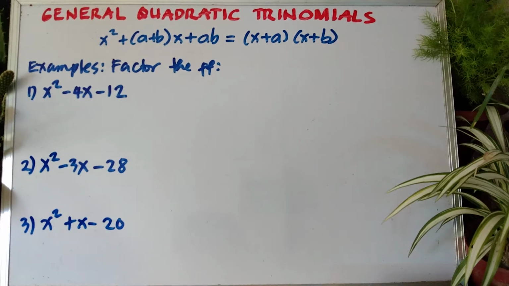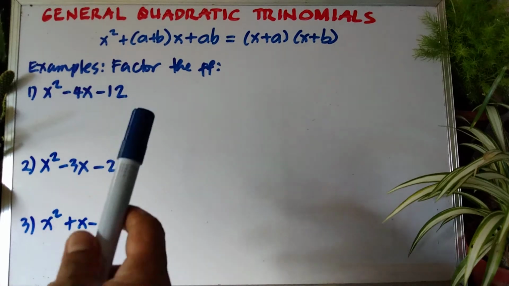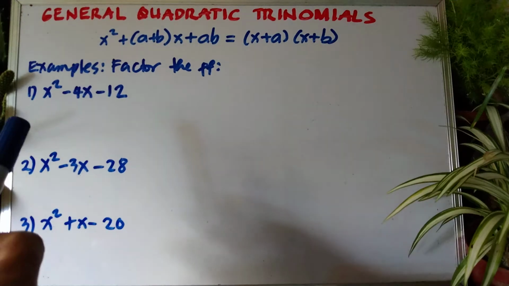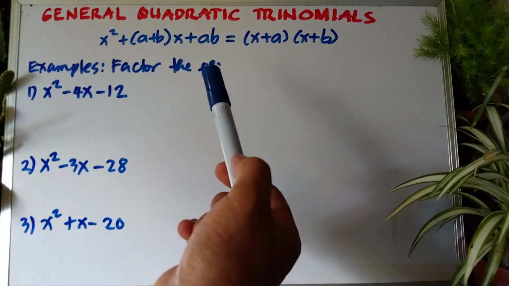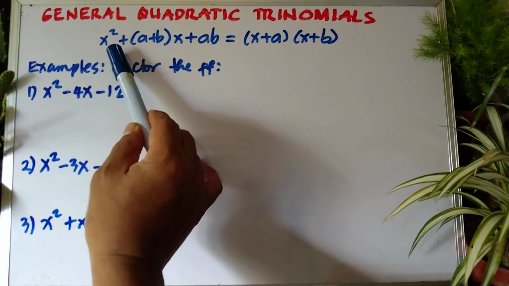First, we should bear in mind that we should look for the two numbers which, when multiplied, are equal to the first term of the trinomial. In other words, mangita daw ta og number nga kung atong i-multiply, equivalent siya sa first term.